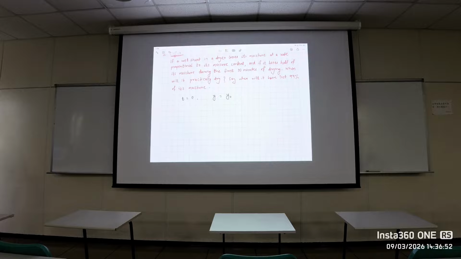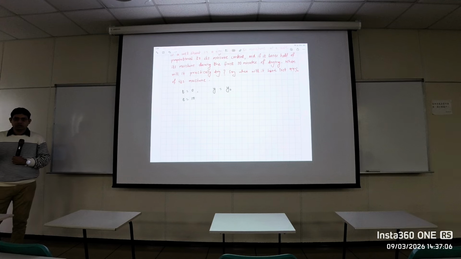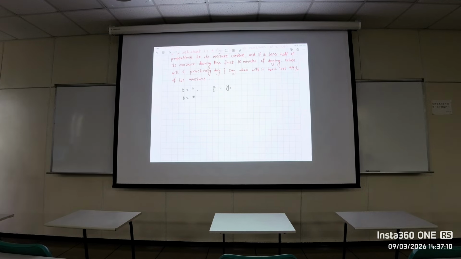And at time t is equal to 10, that means after 10 minutes moisture becomes half, right? 50% will be drained out. So your y is equal to y0 by 2.